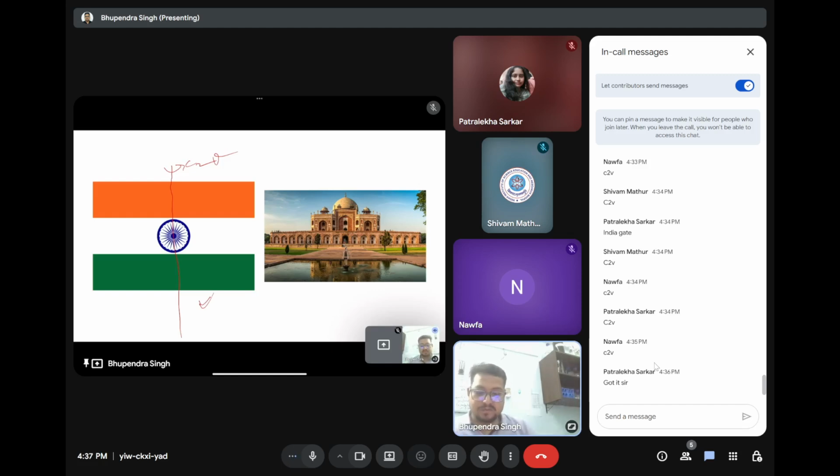This is sigma V. So C2V. Now tell me the point group of this. Tell me first what is this? Yes, it is Humayun's Tomb. Nice. Now tell me the point group of this.